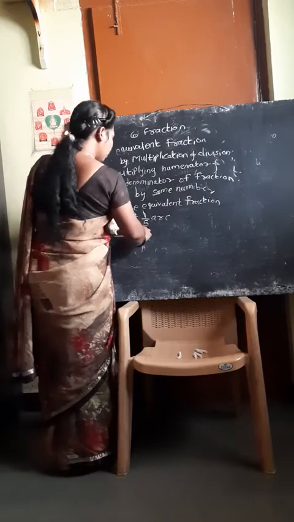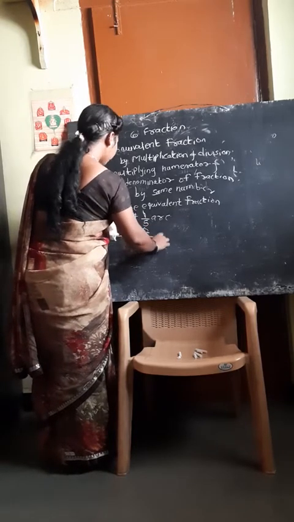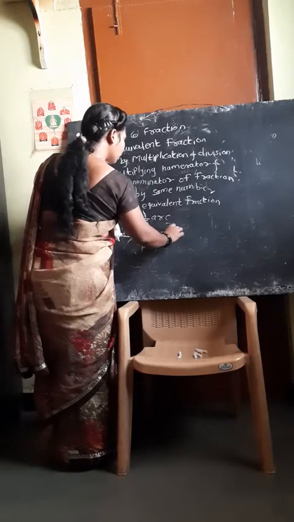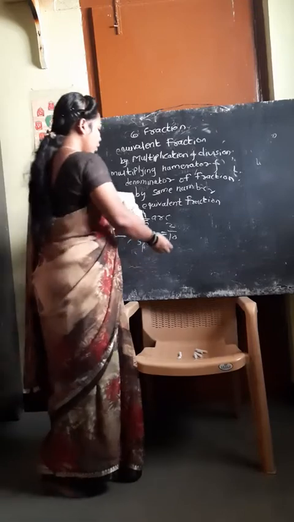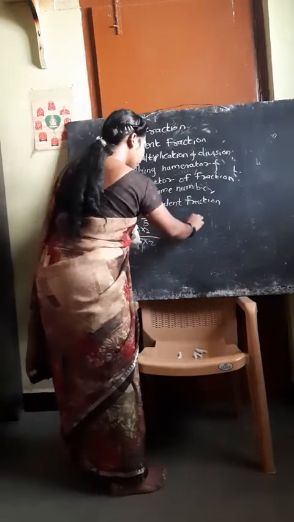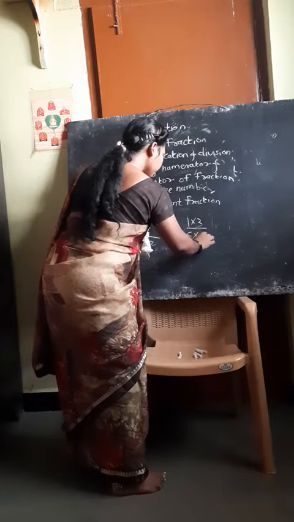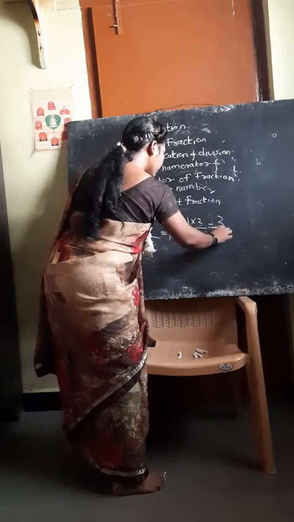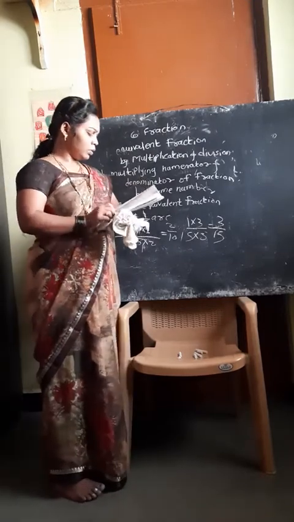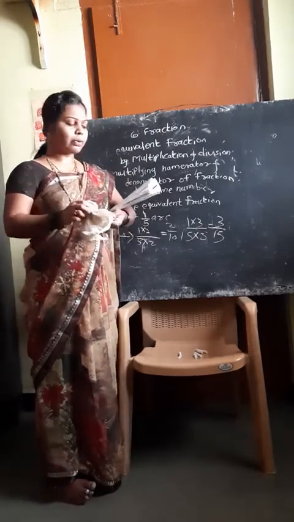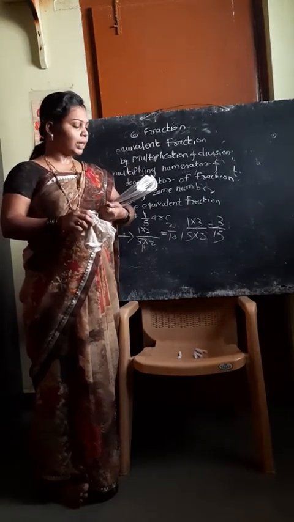Multiply the numerator by 2 and the denominator by 2, we get 2 upon 10. Next, multiply the numerator by 3 and the denominator by 3, we get 3 upon 15, and so on.